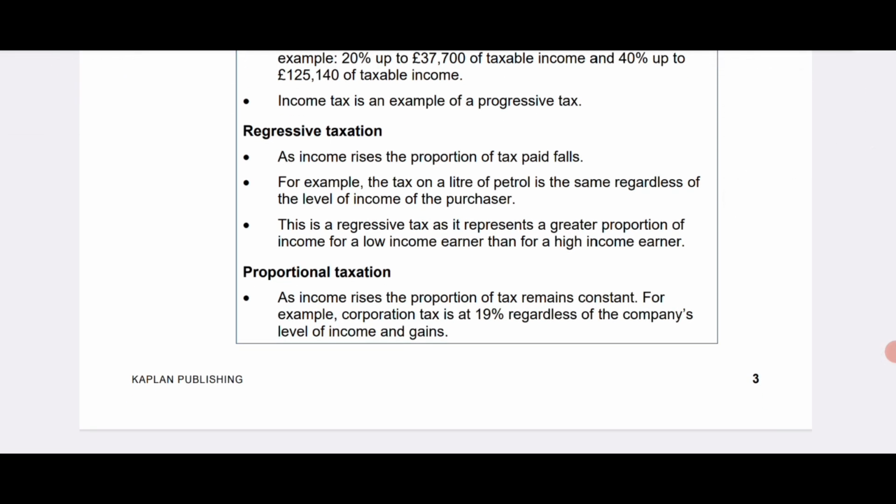Proportional taxation, as the word suggests, is where the tax remains constant. For example, corporation tax at 19% regardless of the company's level of income and gains.